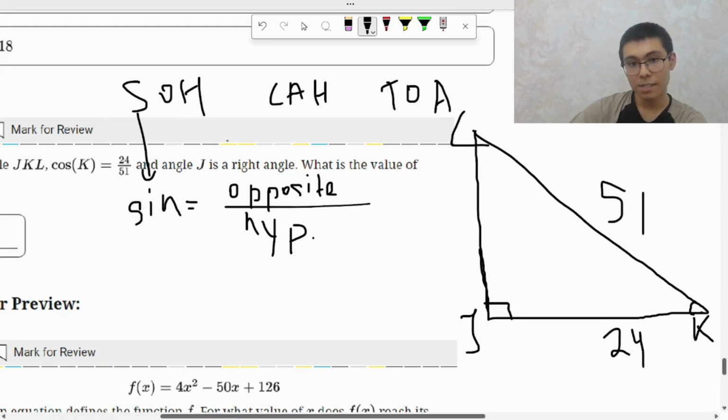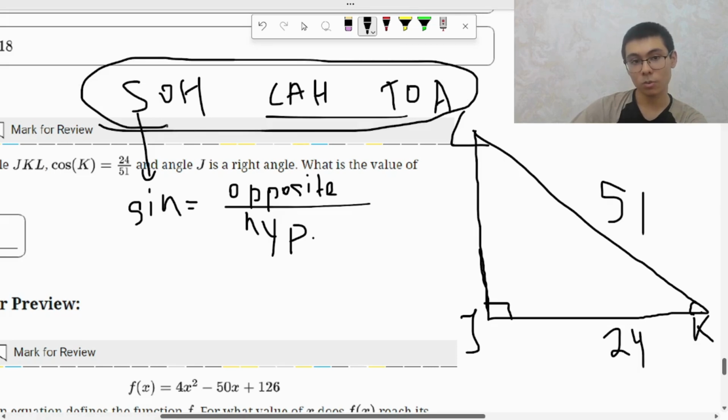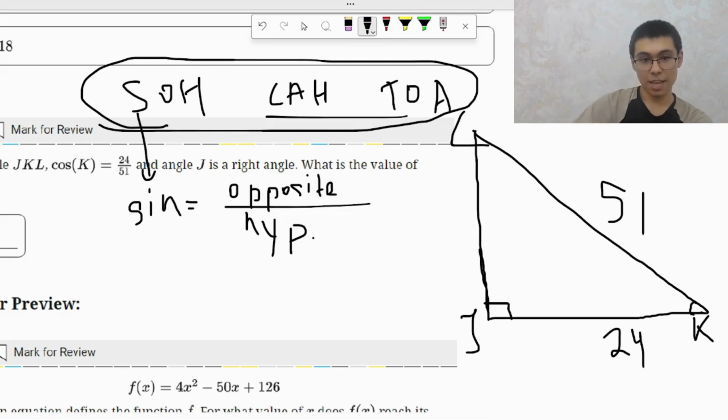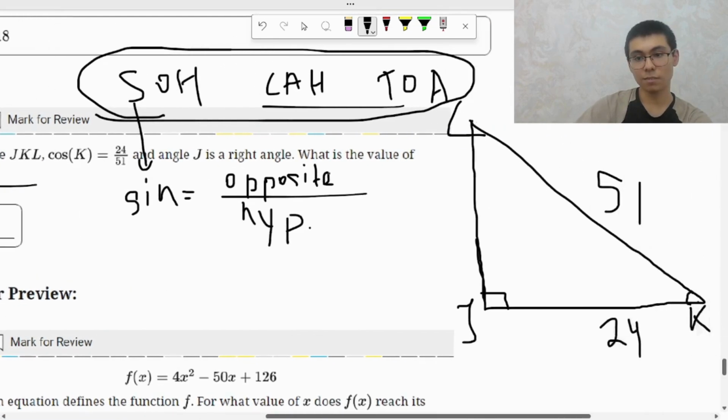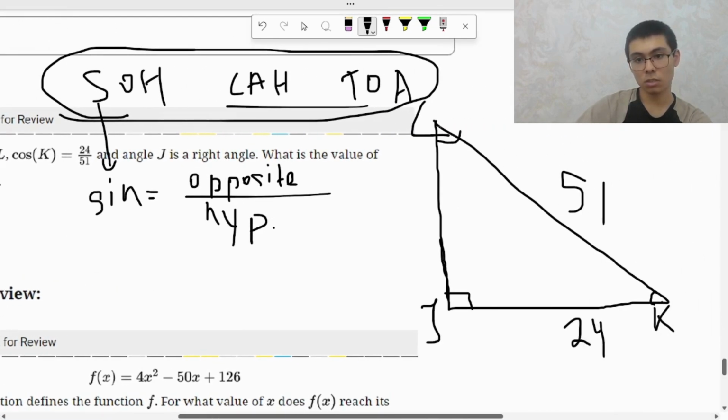How am I getting it? I'm getting it from here. As I said, it's so easy to remember. I always say SOHCAHTOA, and that's it. And we have to find the value of cosine of L. Cosine of L is going to equal LJ divided by LK.